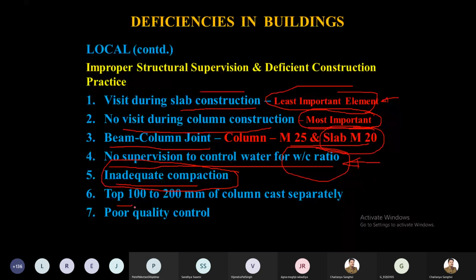And the poor quality control, right? Now here poor quality control means that suppose improper material is supplied on the site. The site engineer has to reject that material, but he is so kind. He says, okay, why should I make a loss for the aggregates or the cement?